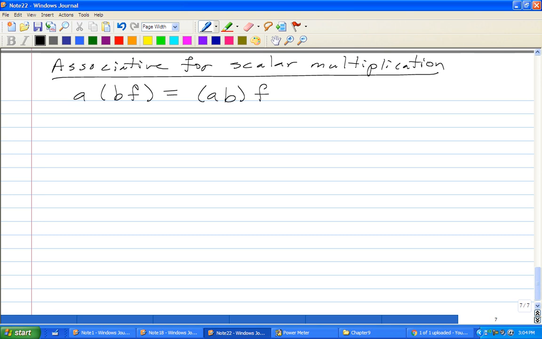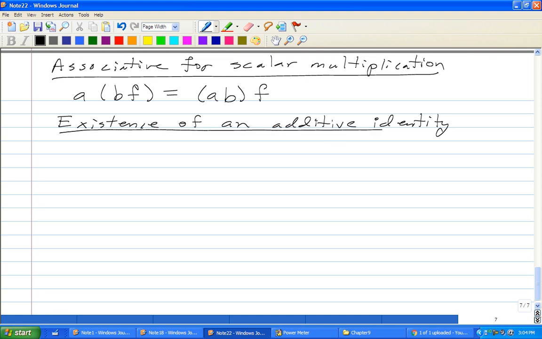The existence of an additive identity, the zero function.